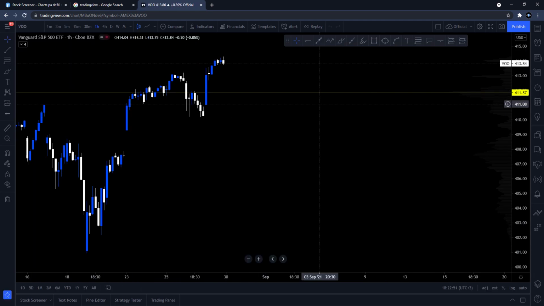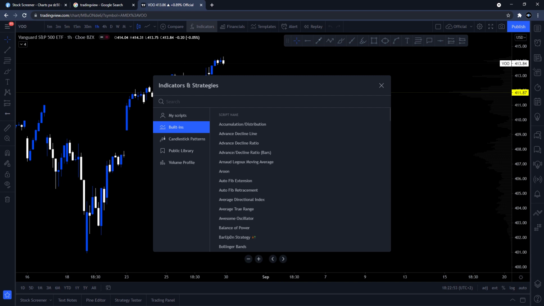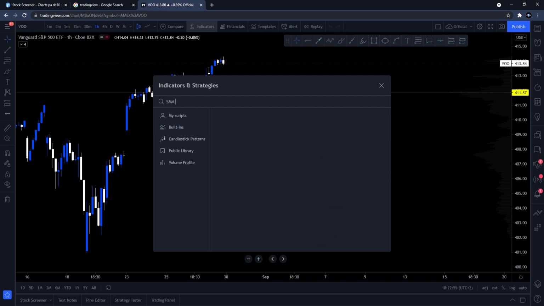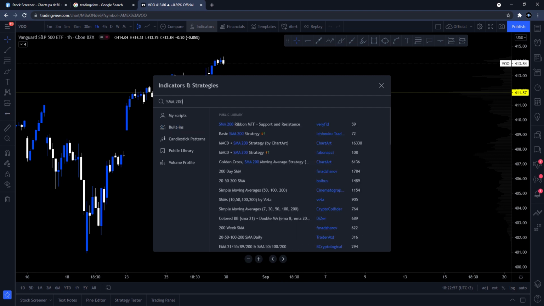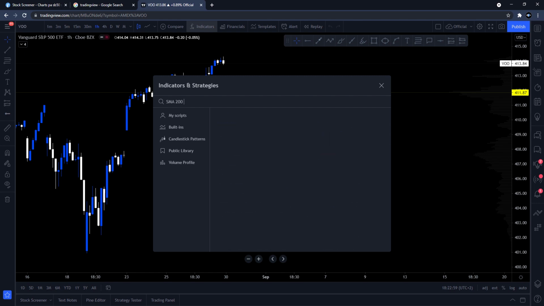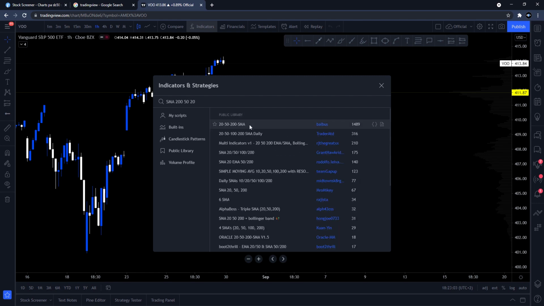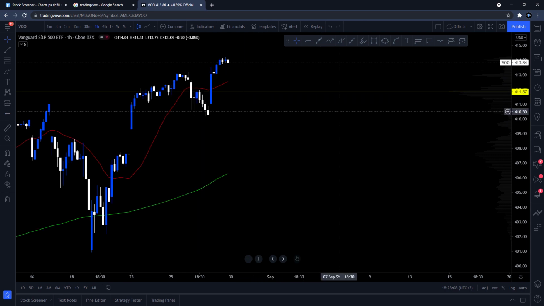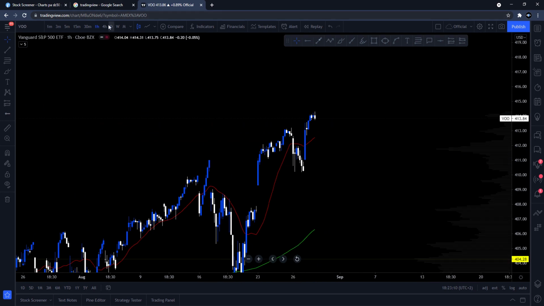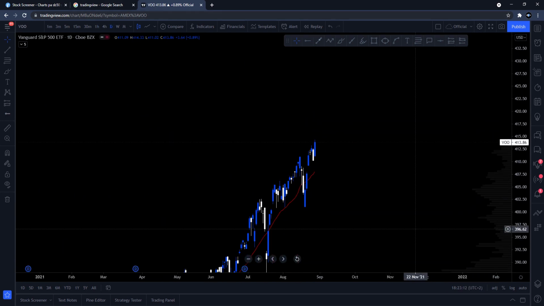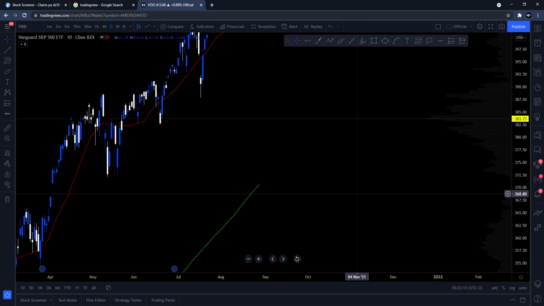If you go on indicators right here and search for the SMA, set to 200, 50 and 20, as you see right here, SMA 200, 50 and 20, we click on them, and this is how the moving averages are looking right now.